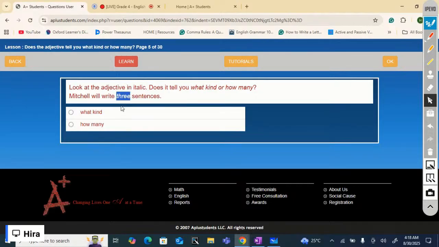Well, look at the number. It's three. It's quite obvious that it is going to answer the question how many? How many sentences? Three.